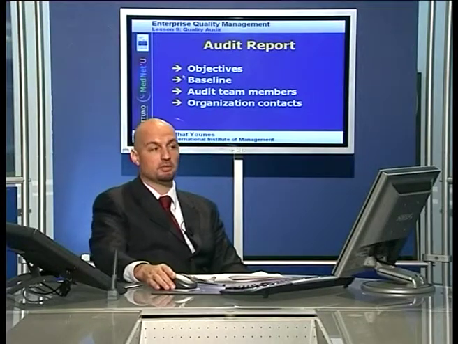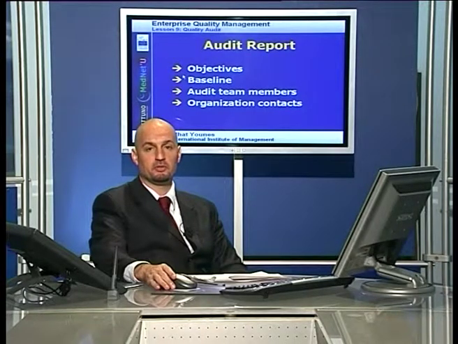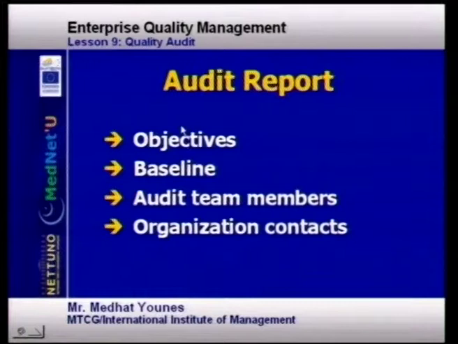The audit report contains 7 elements or 7 sections. The first section is the objectives or the purpose of the audit. The second is the requirements baseline. The third is the audit team members and the audit agenda, as well as the organization contacts that have been contacted.